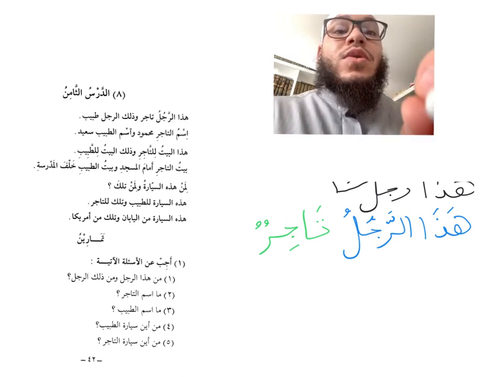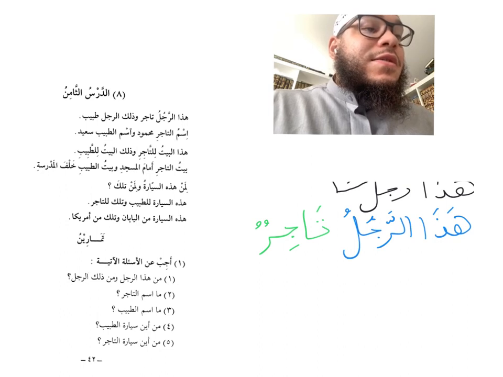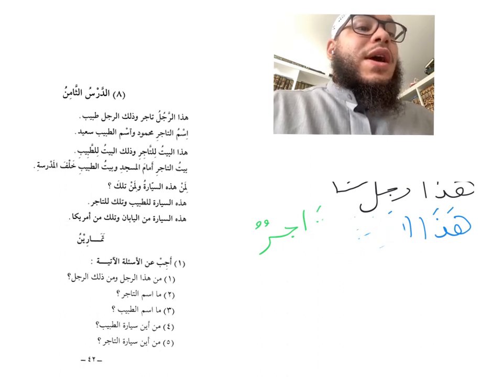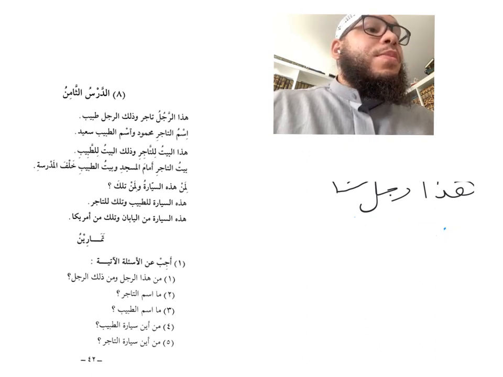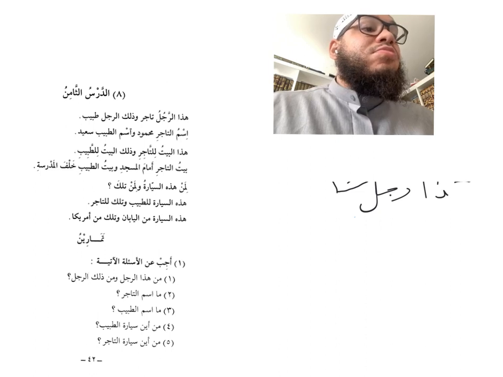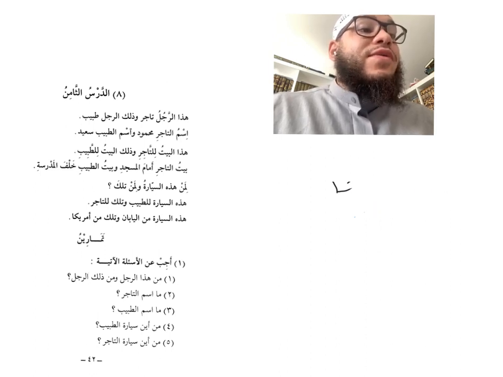Okay. Also, in this lesson, let's rub this out quickly, we learn the usage of another way of saying something belongs to someone. Before we learnt the mudaf ilayh, the possessive construction in lesson 5. You can go back to lesson 5 to review that.